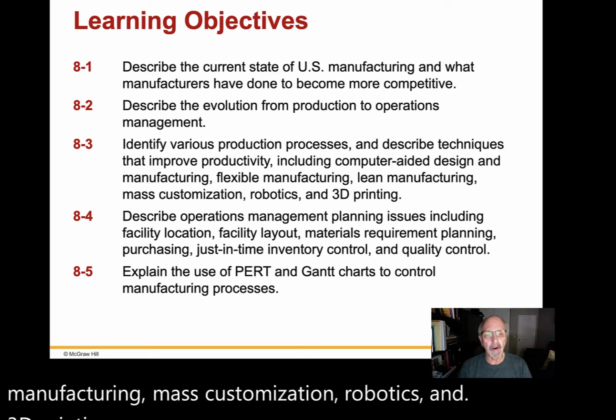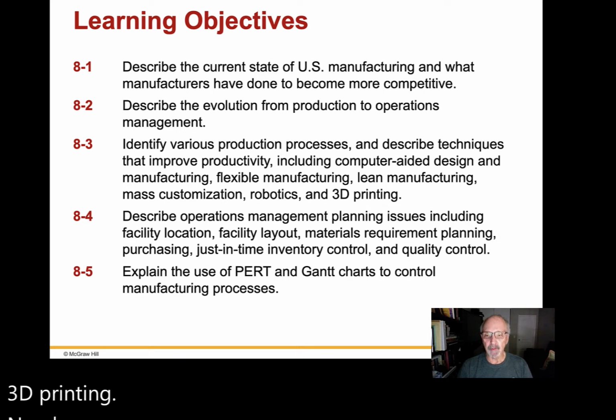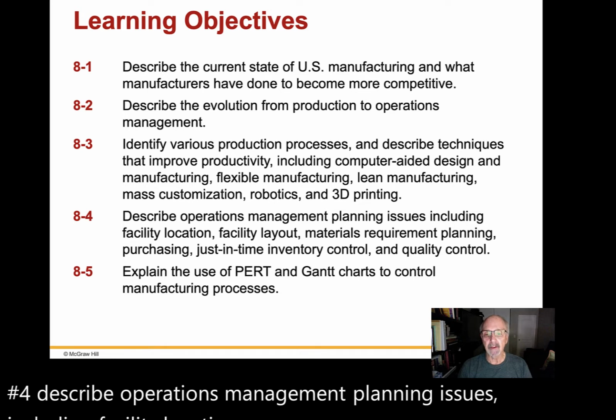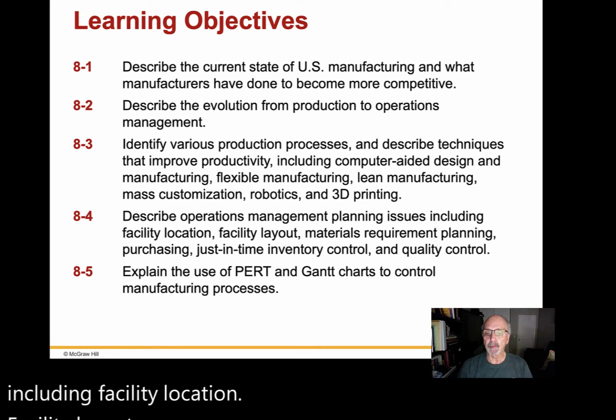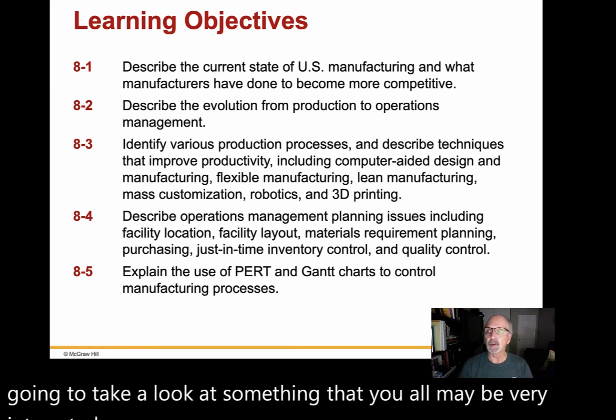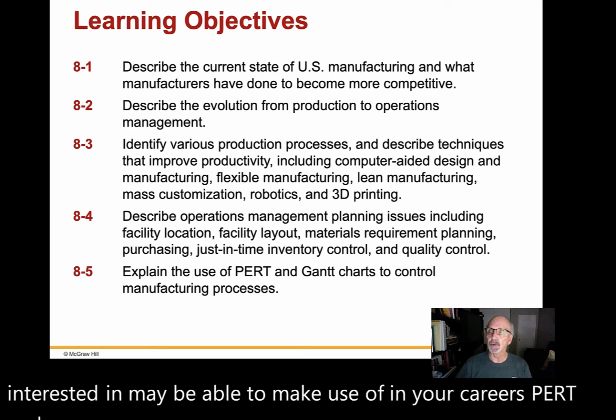Number 4, describe operations management planning issues, including facility location, facility layout, materials requirement planning, purchasing, and just-in-time inventory control. And finally, we're going to take a look at something that you all may be very interested in, may be able to make use of in your careers, PERT and Gantt charts. They're used for planning.